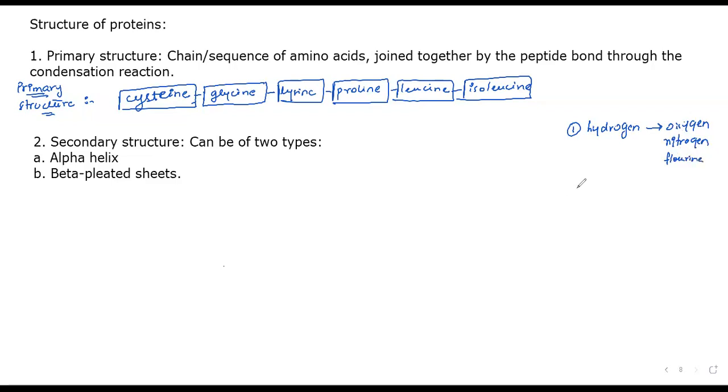The second requirement for hydrogen bonding is that I need another molecule in that same area. So I need one molecule that has hydrogen on it, and then I need another molecule that has oxygen or nitrogen or fluorine that has a lone pair of electrons.